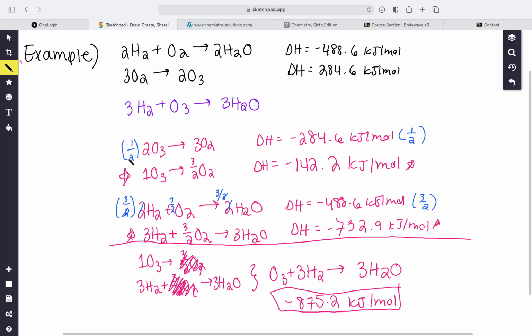Then I scaled it to get the amount of ozone that I wanted from this equation. And then on the next equation, I did just scaling because I didn't need to flip anything. So I scaled everything to where it needed to be. I checked them both by seeing what would cancel and seeing if we got the result that we wanted. And then from there, I did the enthalpies and I added them together to find the total enthalpy of the reaction that we wanted.